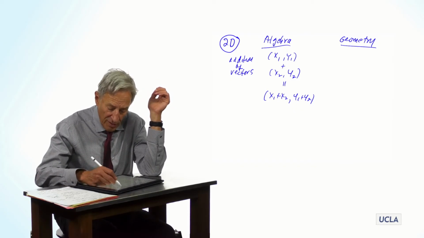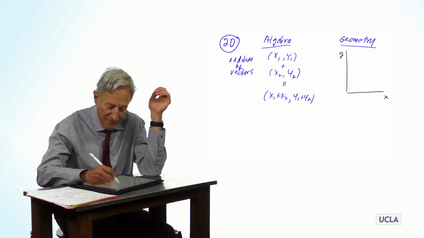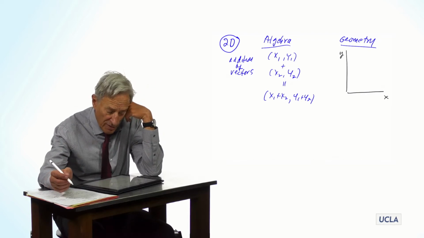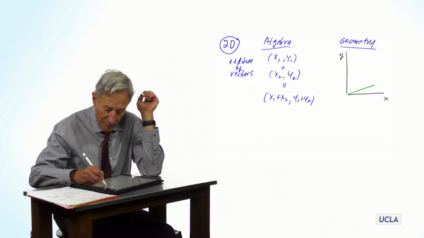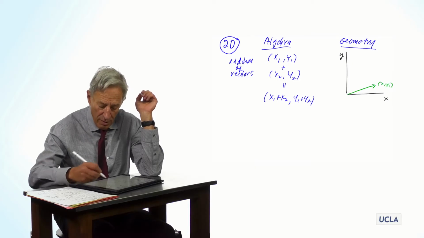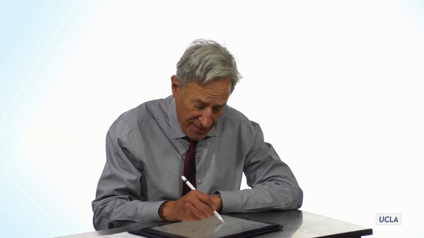Well, let's start with our xy space, and I'm going to draw only the positive here for convenience. Let's draw those two vectors. So let's say here is the vector x1, y1, and here is the vector x2, y2. What is the equivalent of adding these? Well, it's just like we said here.